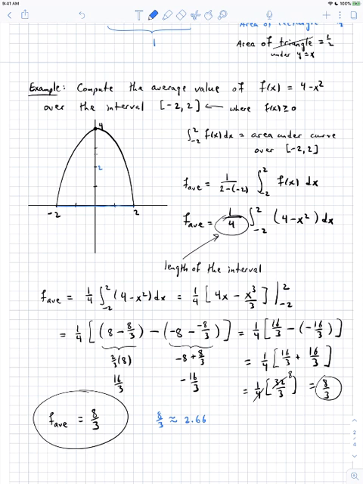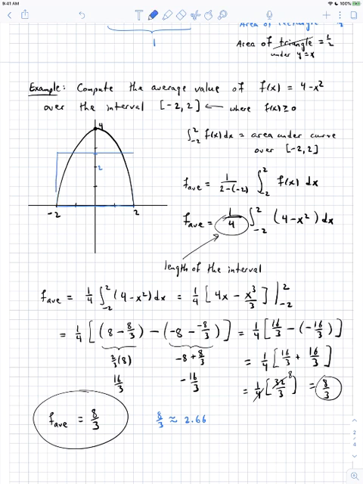Now the base of this is from -2 to 2, so it's going to look something like this. And the height of this thing, let me just try a little bit harder to make that straight. Something like that.